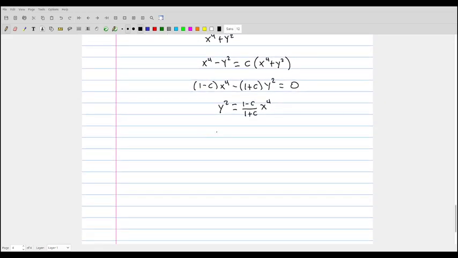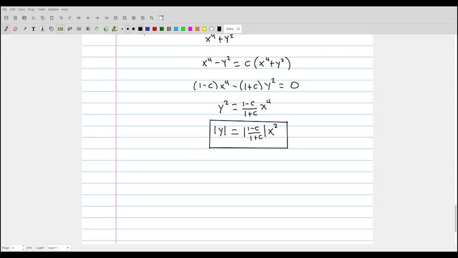Or, taking the square root of both sides, the absolute value of y is equal to the absolute value of 1 minus c over 1 plus c, times x squared. So the level curves of this function look exactly like this. This is the shape of the level curves.